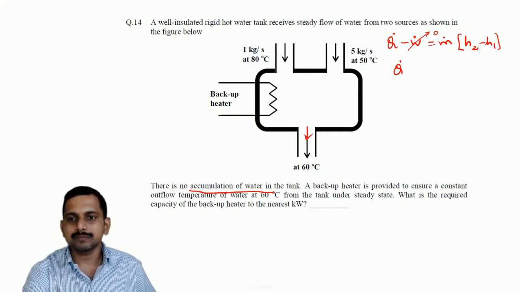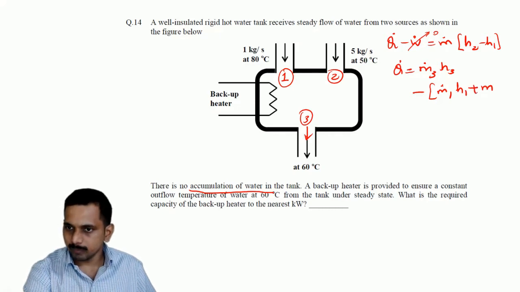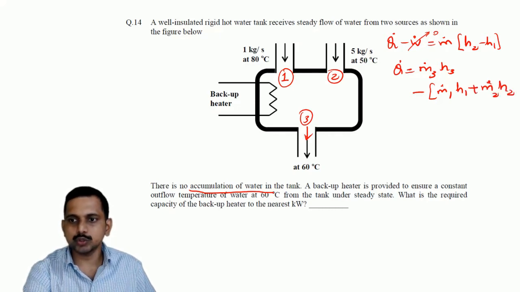if I say this is section 1, this is section 2 and this is section 3, what is going out is 3. So we can write M dot 3 into H3 minus M1 dot into H1 plus M2 dot into H2.